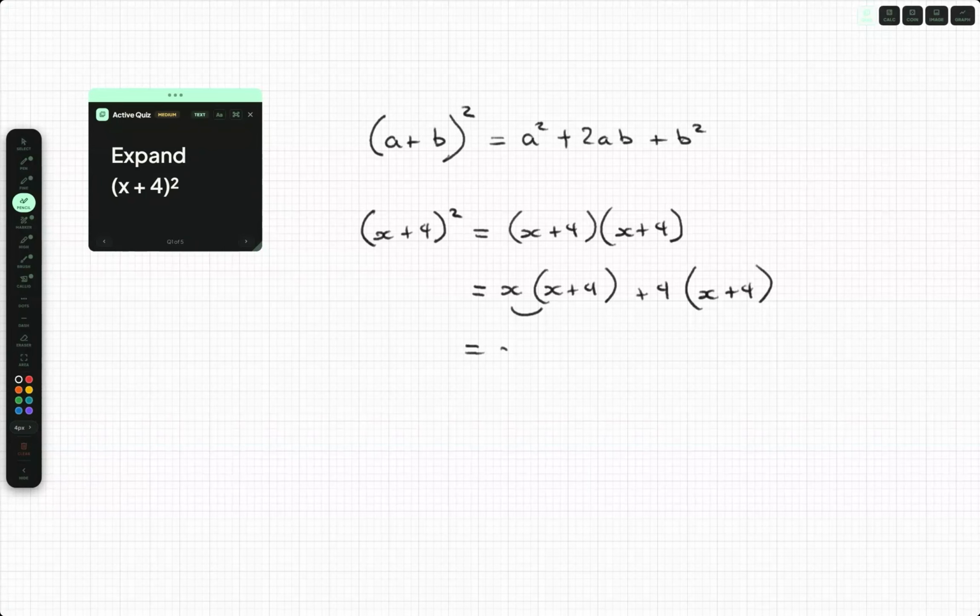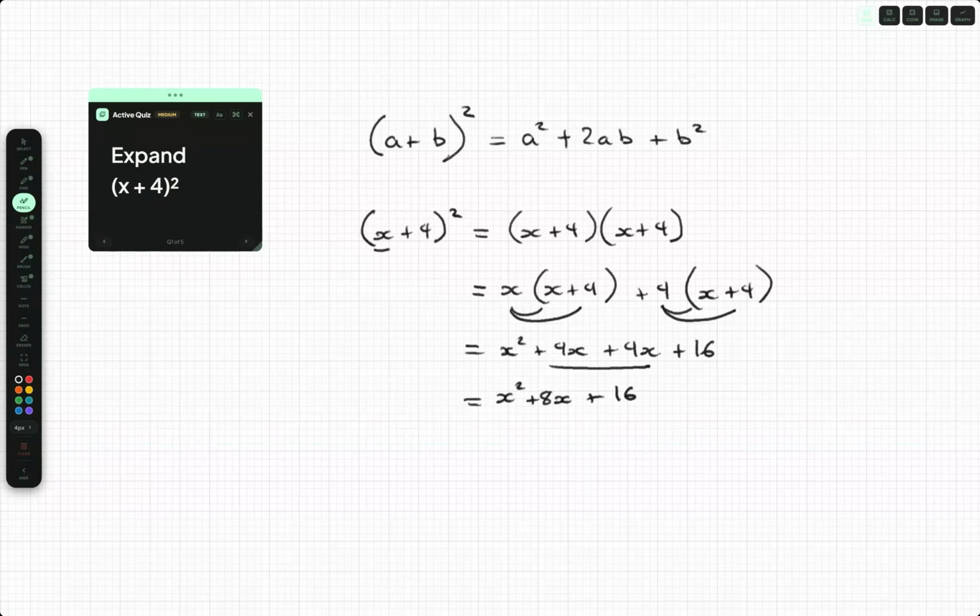So x times x, well, that's x squared. x times positive 4 is plus 4x, and then positive 4 times x is plus 4x, and then 4 times 4 is 16. And it leaves us with x squared. Add these two together, we get 8x plus 16.